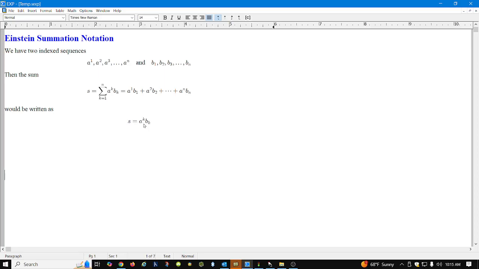When they're the same, you sum over that index. And somewhere there has to indicate what the limits of summation are. But that's enough about Einstein's summation notation. I will never use it. I used to use it a long time ago, but I stopped using it.